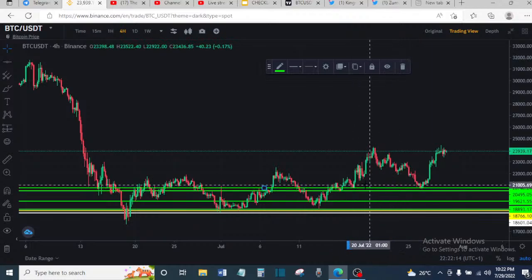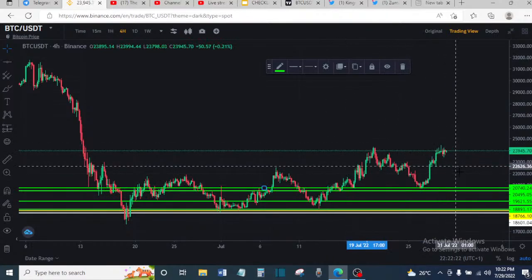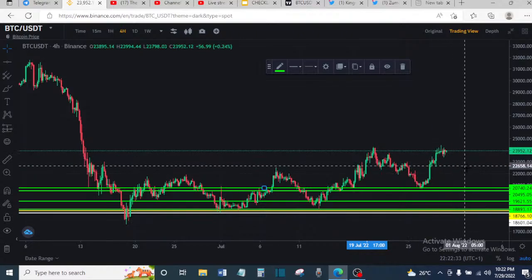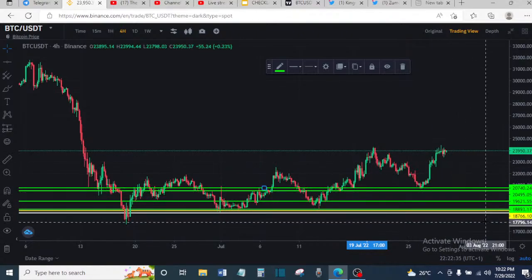You can see. So what is next? If they want to take out price now, what it means is that they can come down to take out these stops here, and also these stops here, and also these stops here. Okay, so price can come to take out all the stops.